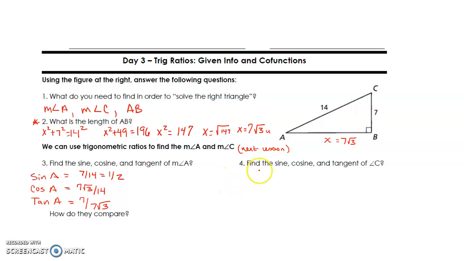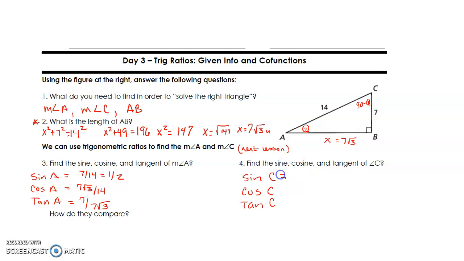Okay, now we have to do sine, cosine, and tangent of angle C. Angle C is the other acute angle. Since we did A first, we're going to call this A theta, and C is going to be 90 minus theta.